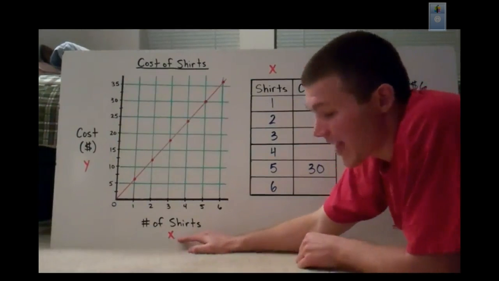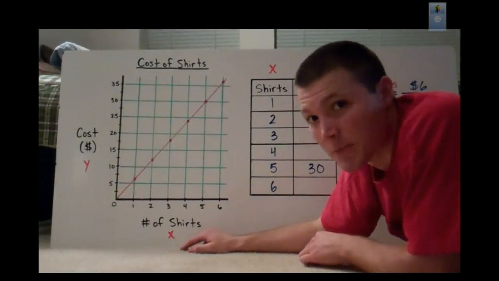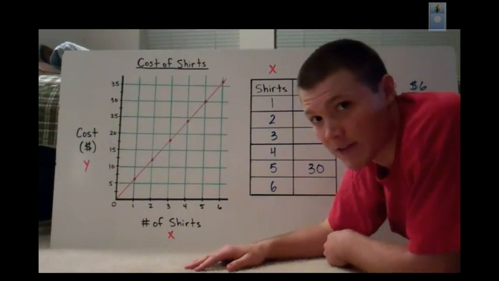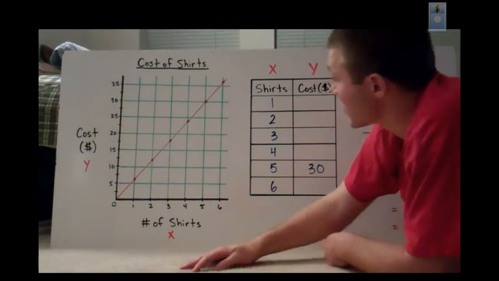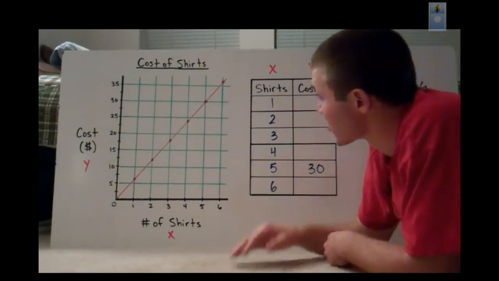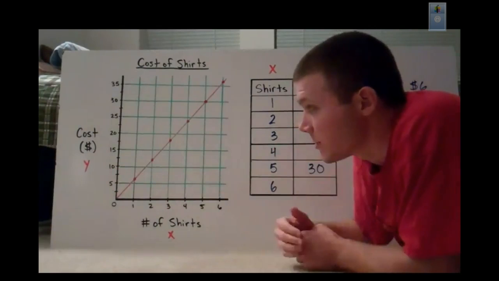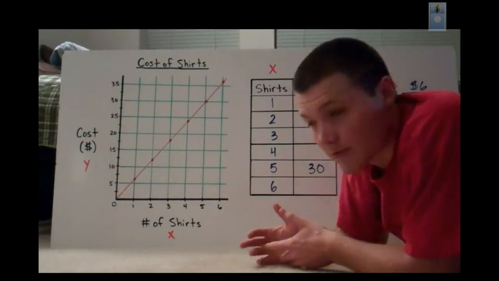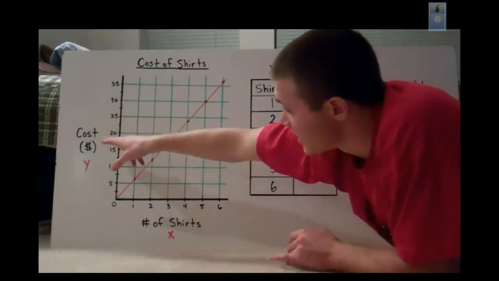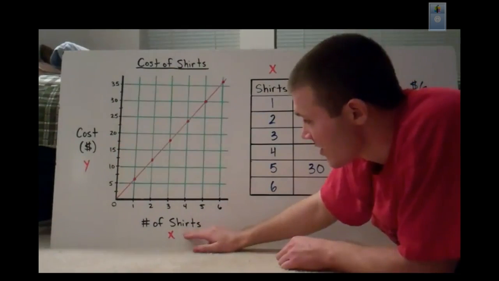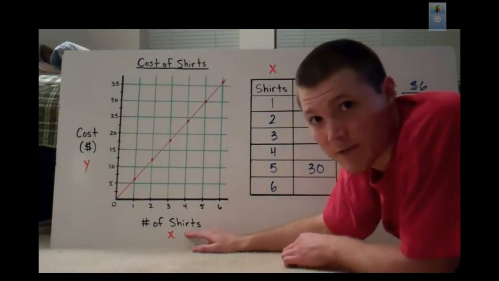The x-axis always represents the independent variable. So there's the second thing I want you to write down, that isn't going to be written on my board. This is the independent variable. Y is the dependent variable. The reason for that is because the cost depends on how many shirts we get.